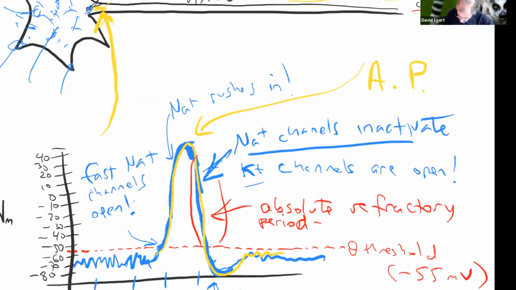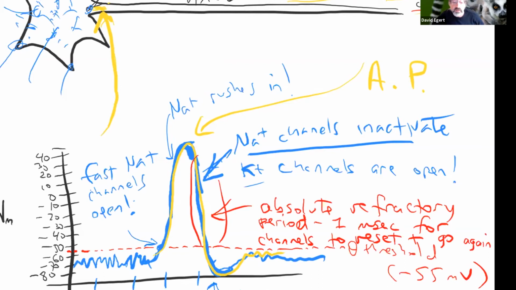About a millisecond after this thing fires off, it takes about a millisecond for the channels to reset before this can happen again. That is going to be important. We'll see in a few moments why it's important that once the channels open and close, it takes about a millisecond before you can have another action potential on that same piece of membrane right there.